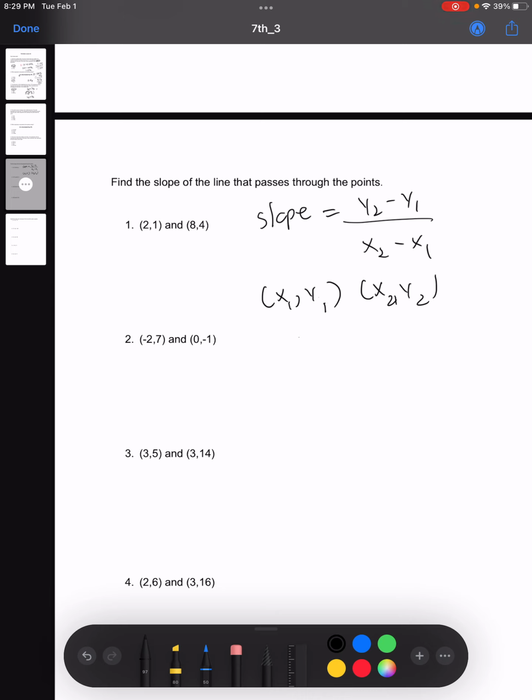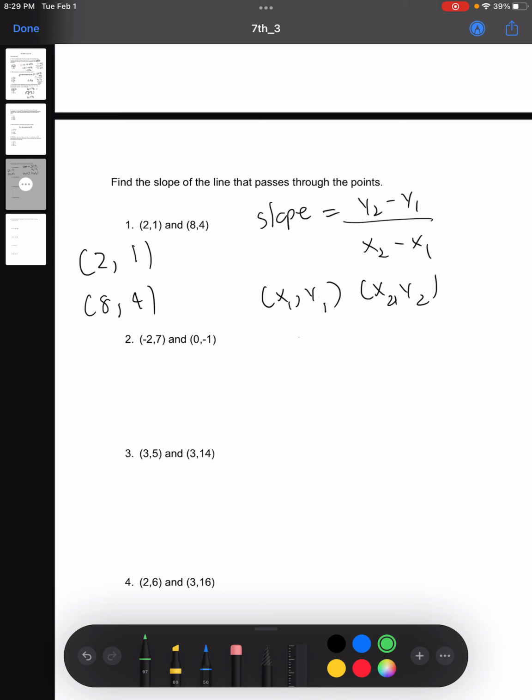If we're to look at, say, problem 1, we're given 2 coordinate points. All that x1, y1, and x2 and y2 are is the x and y values of each coordinate. So let's recognize in problem 1 what's what.